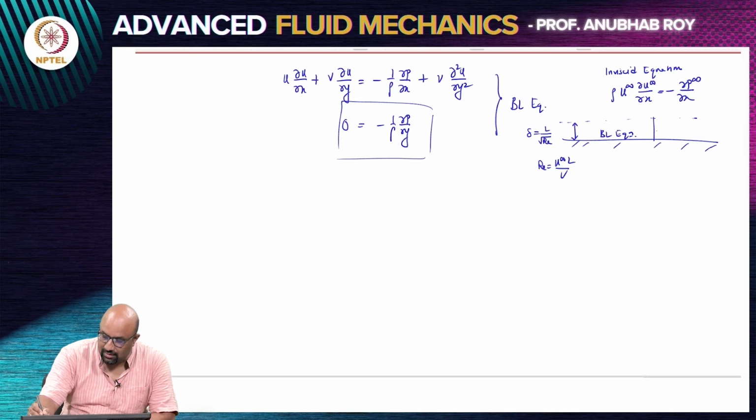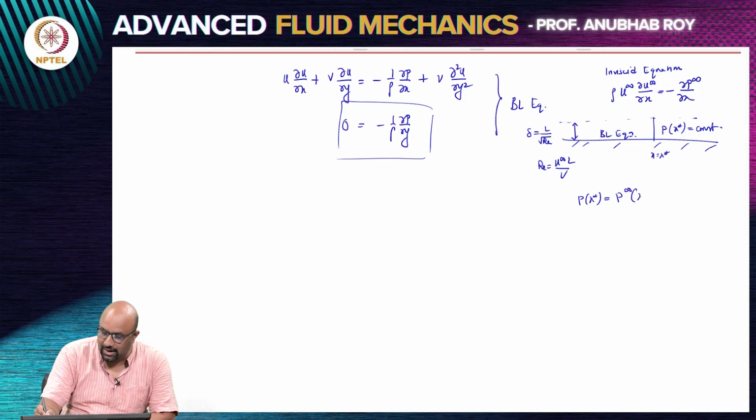So, at a given x location, if I say x equals x star, p at x star is going to be a constant within the boundary layer. So, effectively what you will do is you solve the inviscid equations in the region far away from the boundary layer. You find what is your p infinity, and p at x star is going to be p infinity at x star.